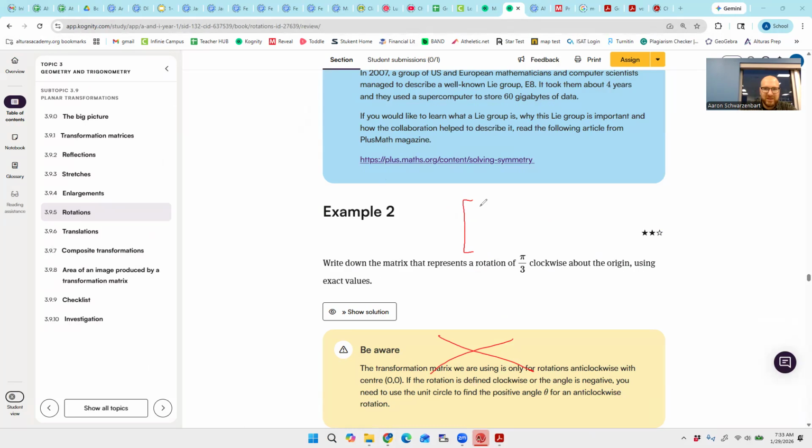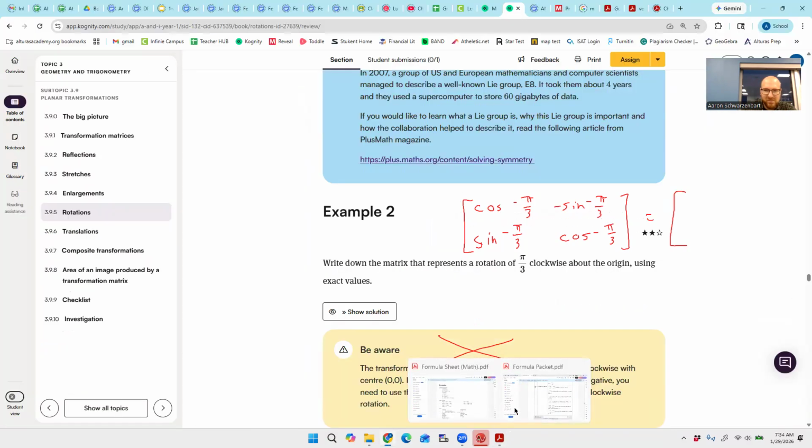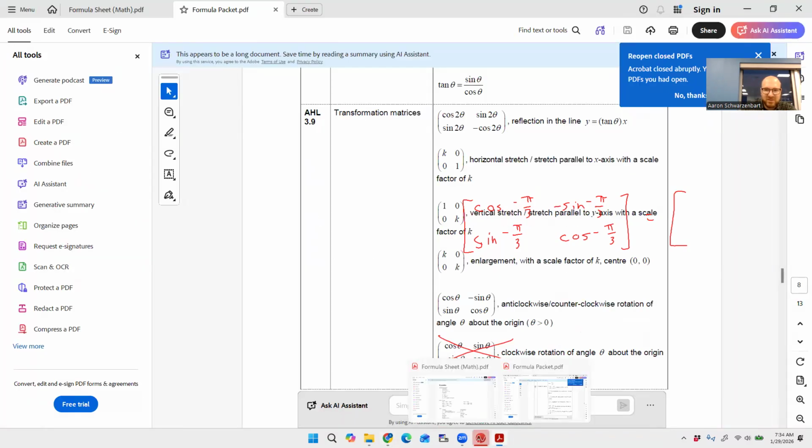So I'm going to use the same thing, negative pi over 3, instead of having to have two different formulas. Just keep the one, and it's going to work out to be the same either way. Cosine of negative pi over 3. We'll take a look at our unit circle since I've got it open now.